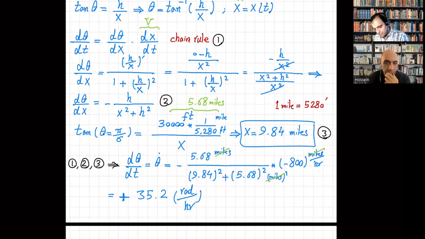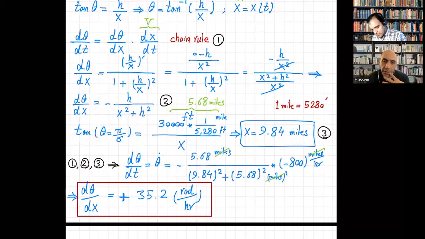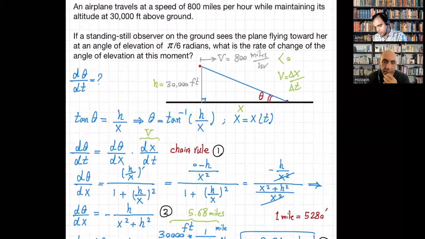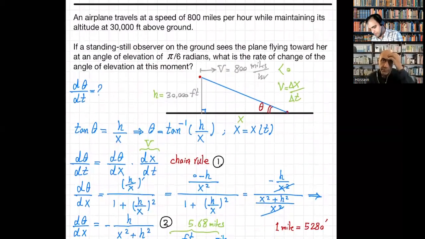That is correct, because as the airplane moves toward the observer, the angle is going to increase, so it should be positive.